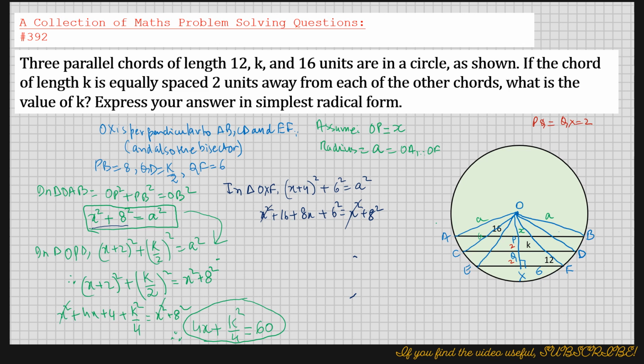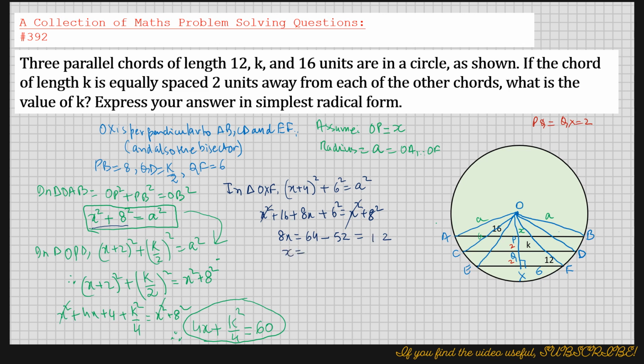The squares go away, and we are left with 8x equals 64 minus 36 minus 16, which is 12.